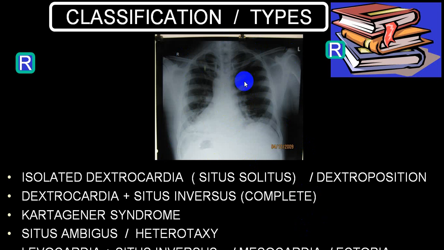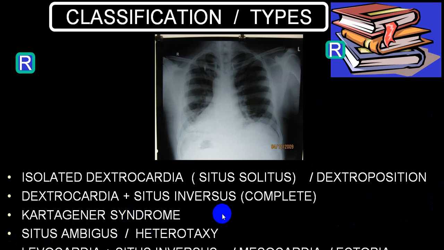There is another term being utilized, depending on the malposition of abdominal viscera: heterotaxy and situs ambiguus. We'll be discussing in detail.